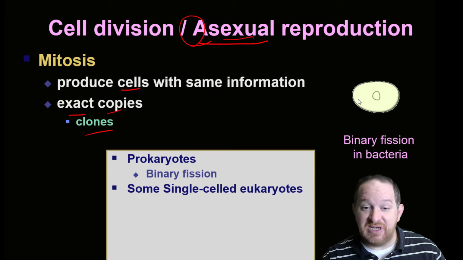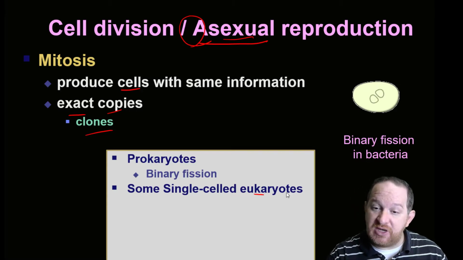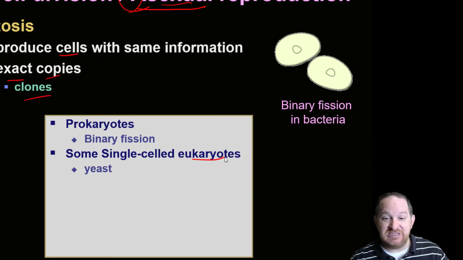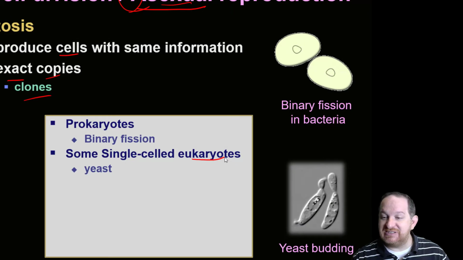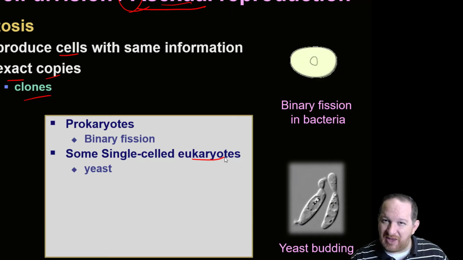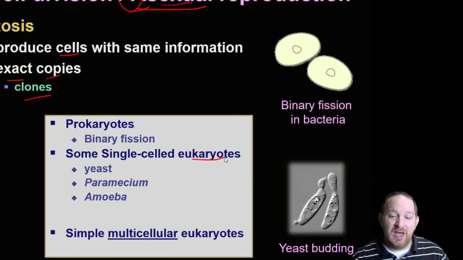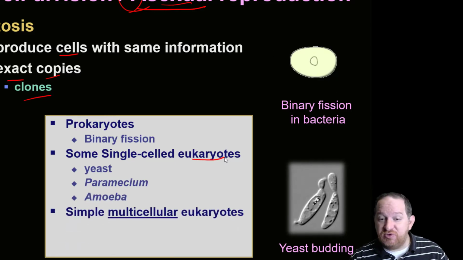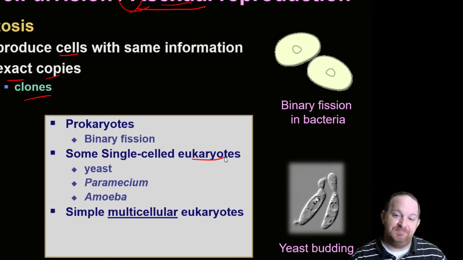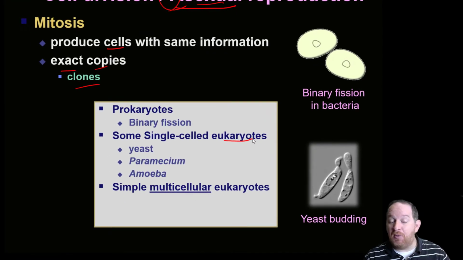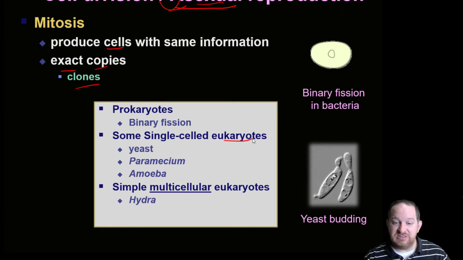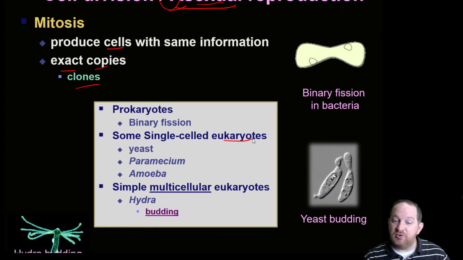Other organisms, like some single-celled eukaryotes, like yeast, for example, go through a process called budding, and I'm going to go into that in a bit more detail in the next slide. Paramecium and amoeba also do this sort of budding-like reproduction. Now, simple multicellular eukaryotes, like a hydra, also do some budding.